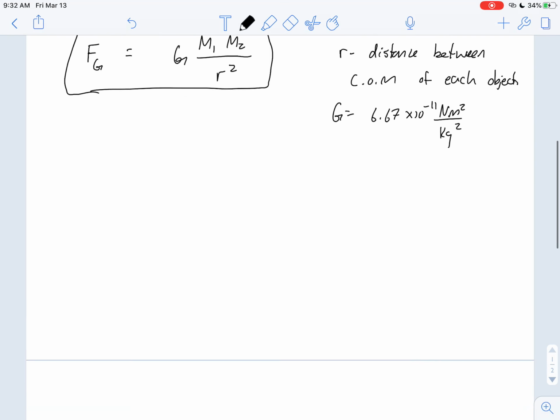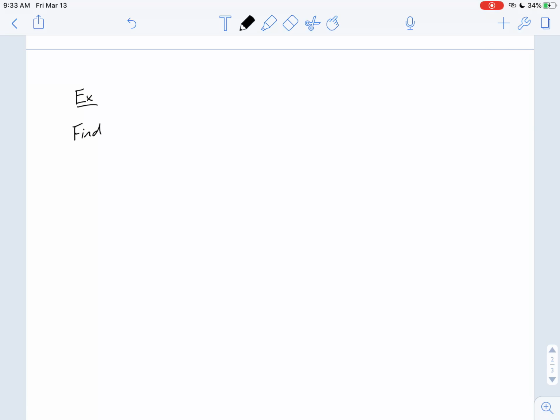And so let's go ahead and look at an example. The first example we're going to look at is how the Earth affects the moon with a gravitational force. A couple of things that we want to find. We want to find the force due to gravity of the Earth pulling on the moon.